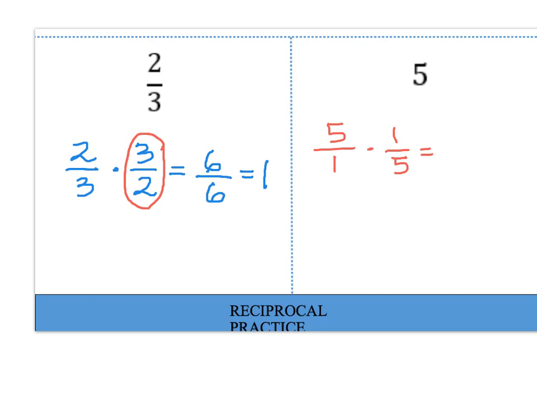So 5 times 1 is 5, and 1 times 5 is 5. We know that 5/5 is the same as 1 whole. So what this just proves is that the reciprocal of 5/1 is 1/5 because when I multiplied them, the product became 1.